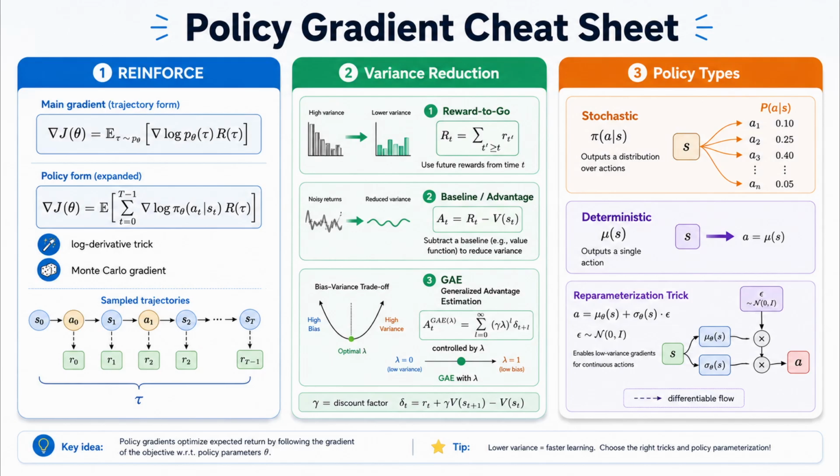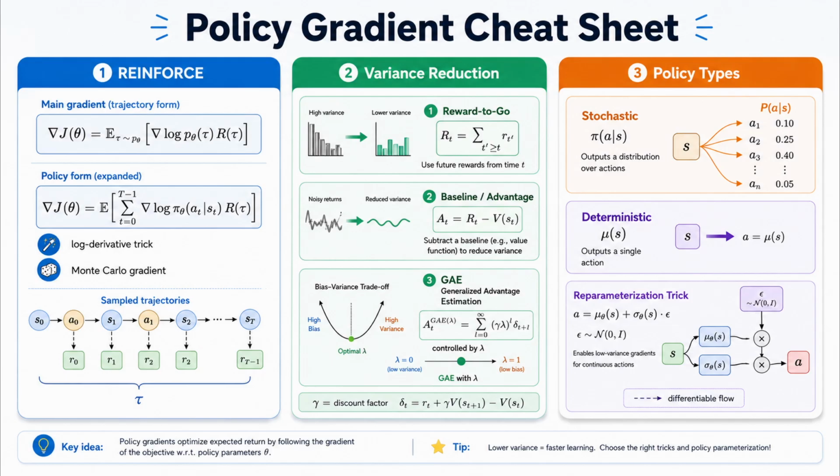We saw how REINFORCE, while mathematically elegant, suffers from high variance. And we looked at three progressively more powerful solutions: reward-to-go, baselines and advantages, and generalized advantage estimation. And finally, we compared stochastic and deterministic policies, two different philosophies that lead to two different families of algorithms, each with distinct strengths depending on your problem.